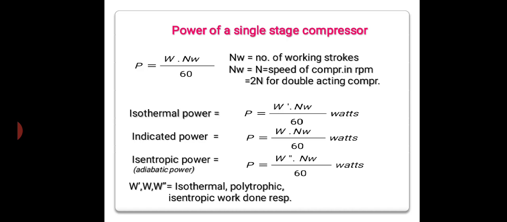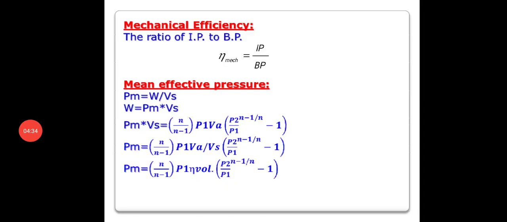When the process is isothermal, we are using the isothermal power. When there is a polytropic process, we are using the polytropic process power, that is the indicated power. And when we are using the isentropic process, then we are finding the isentropic power. So in this way we can calculate the power of a single stage compressor.